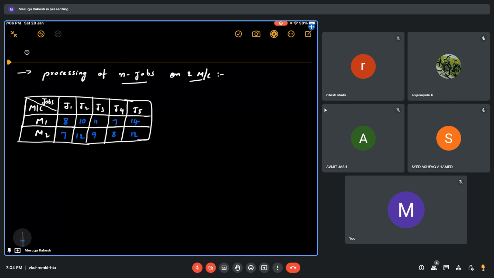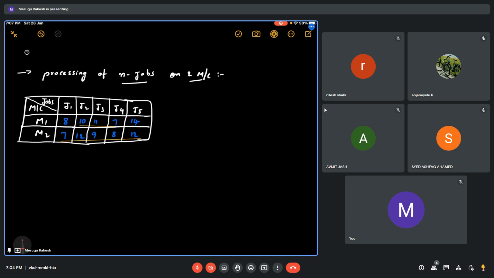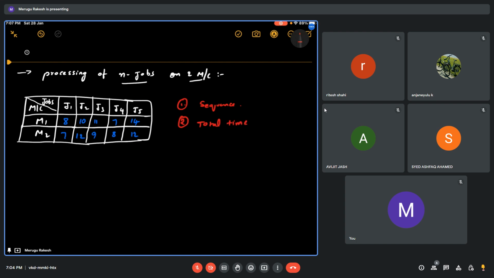So this is the problem that was given to you, and they can ask several questions. One question is, what is the sequence of jobs? Then they can ask what is the total time for completion of these jobs. Then they can ask what is the idle time for each machine. These are the types of questions they can ask in this simple problem.